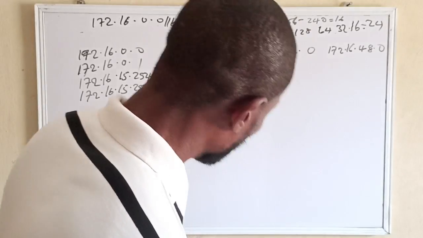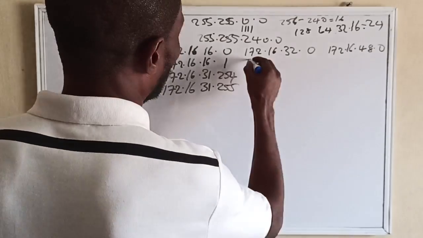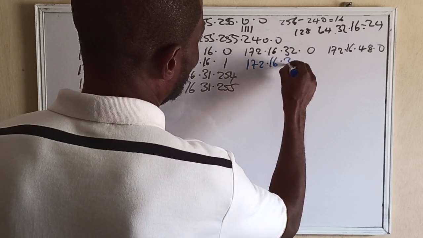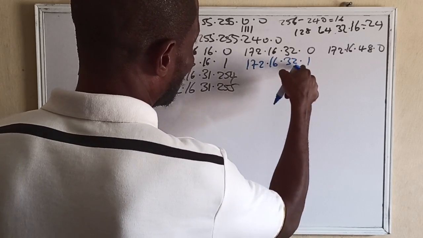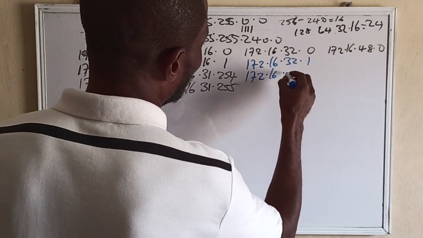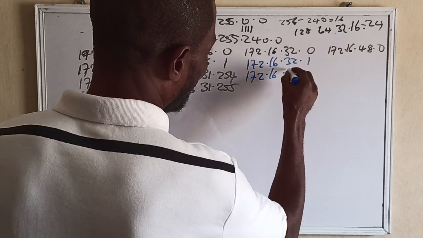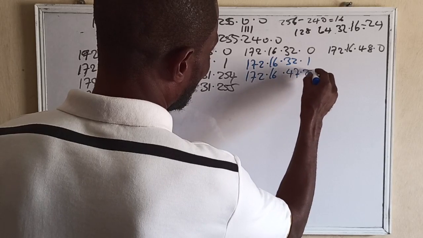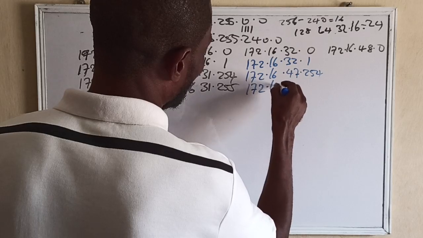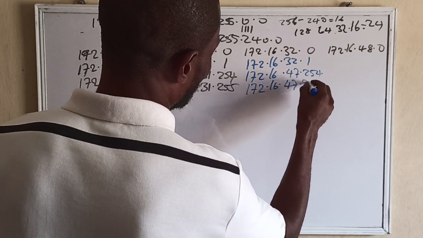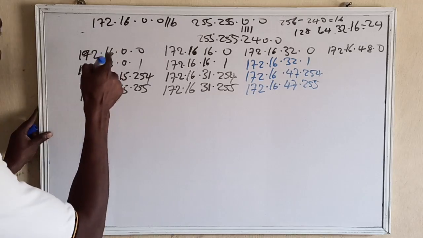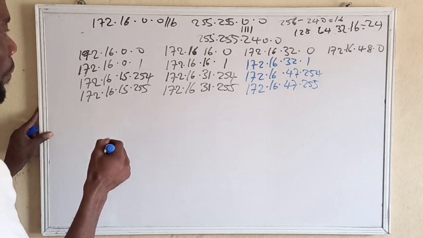Then 172.16.32.1. That's the first address. The last address is 172.16.47.254, and 172.16.47.255 is the broadcast address.